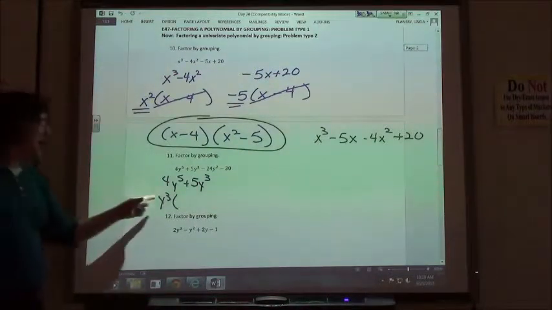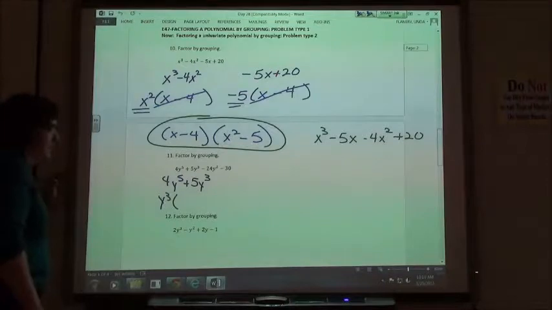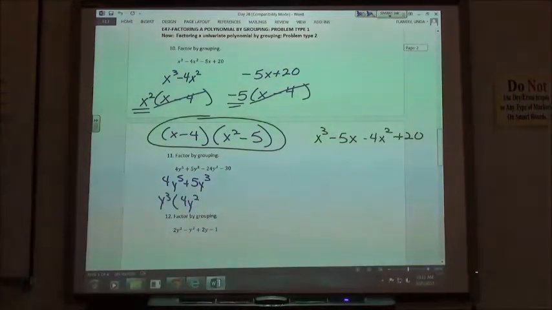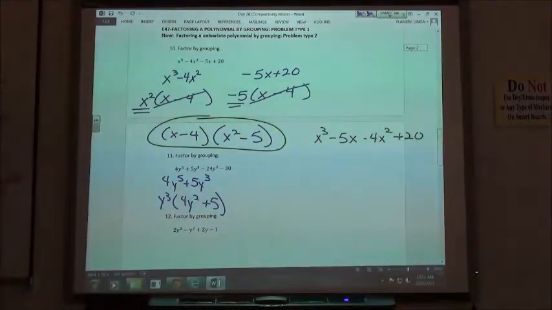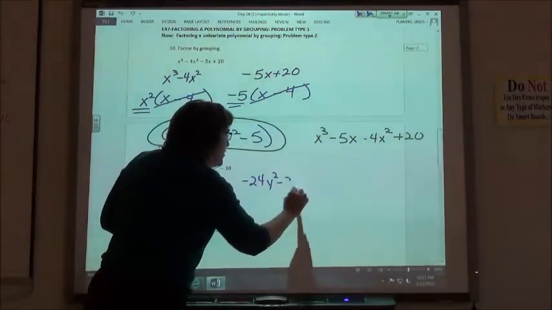So if I take out a y to the 3rd from 4y to the 5th, I would get 4y to the 2nd. If I take y to the 3rd out of positive 5y to the 3rd, I would get a plus 5. So my goal on my other 2 terms is to end up with a positive 4y squared plus 5. I have negative 24y squared minus 30.